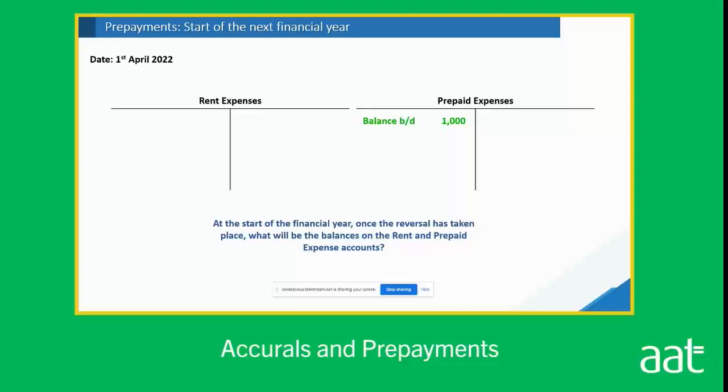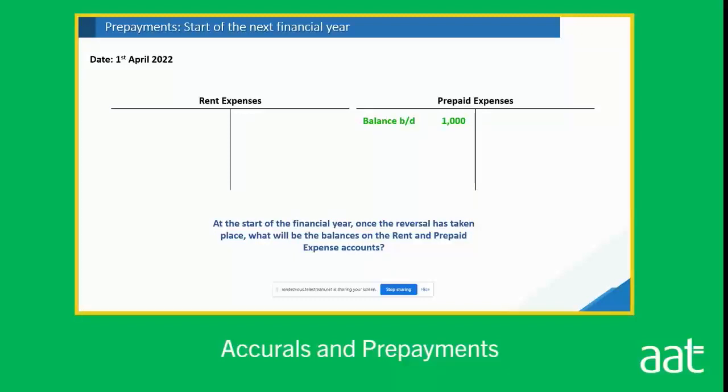Give it a few more seconds to see if anyone else comes through, and then we can go ahead. Brogan has written DR 1000, rent expenses. Jenny Cornish has written DR rent 1000, prepayment CR 1000. And maybe we'll see if we can get one more. Anna has written prepayment, null balance, expense, DR balance 4,800. So we're definitely getting a mix of answers here.